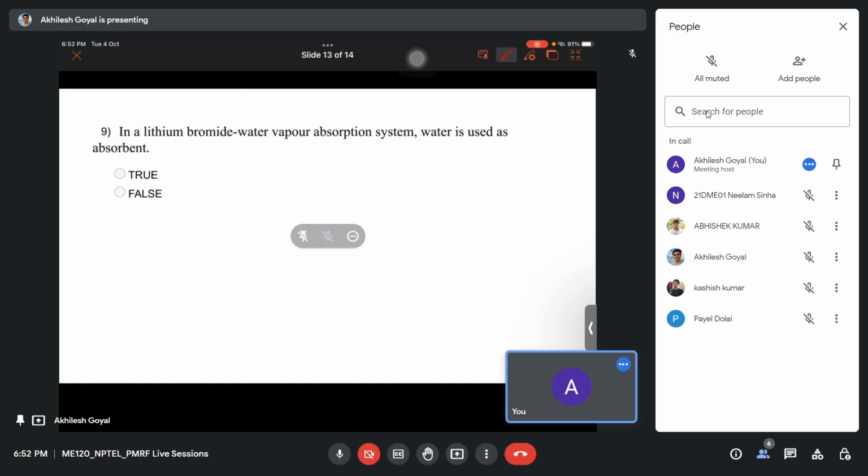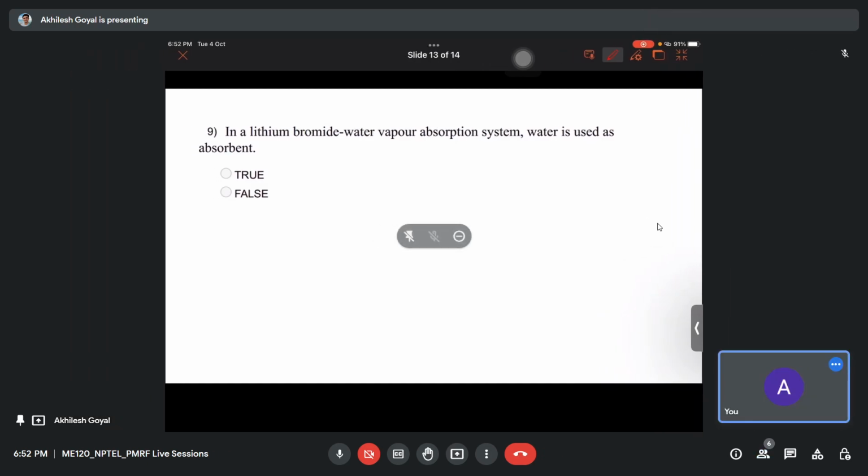Okay. So let me answer. So in the case of lithium bromide water vapor absorption system, water is used as refrigerant. In the case of ammonia water, it was used as absorbent, but in the case of lithium bromide, it is used as refrigerant. So this statement is false. Okay.